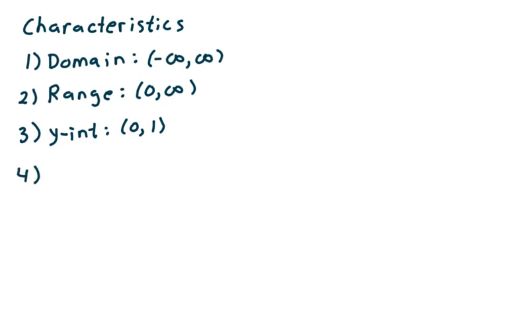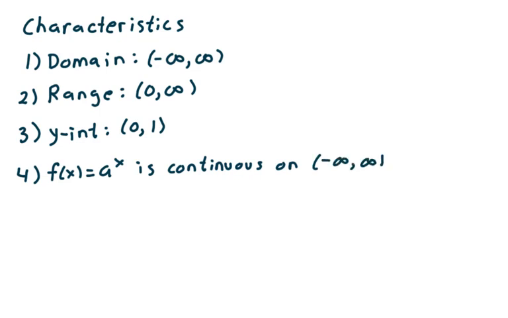Number four, f of x equals a to the x is continuous on negative infinity to infinity. Number five, if a is bigger than 1, f of x equals a to the x is increasing.